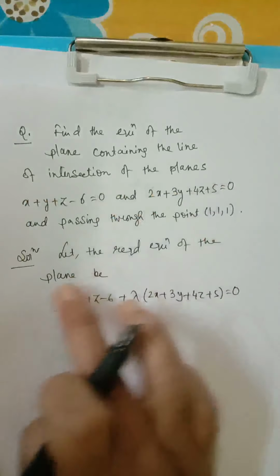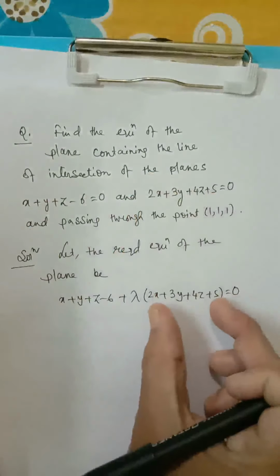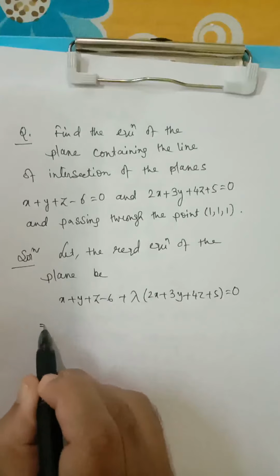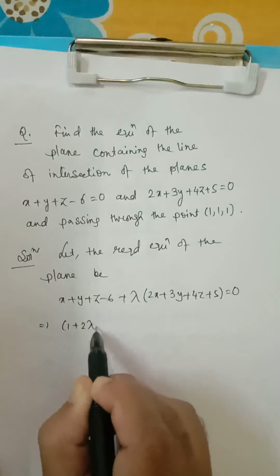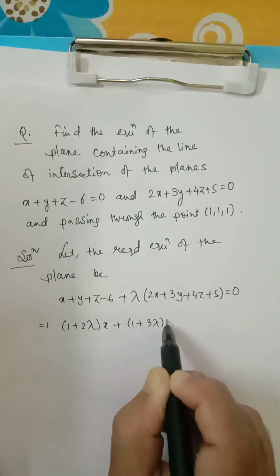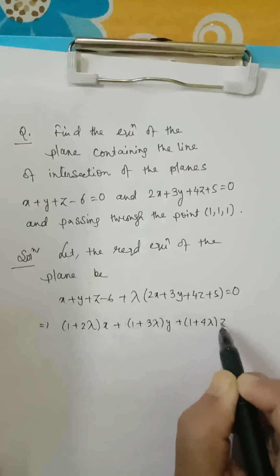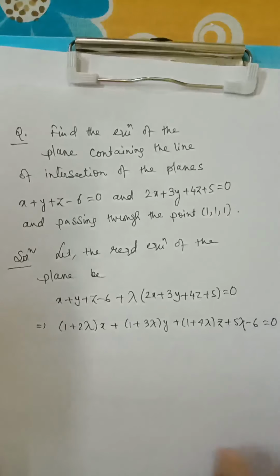So let the required equation of the plane be first plane plus lambda into second plane equal to 0. We can write this as (1 + 2 lambda) x + (1 + 3 lambda) y + (1 + 4 lambda) z + 5 lambda minus 6 equal to 0.